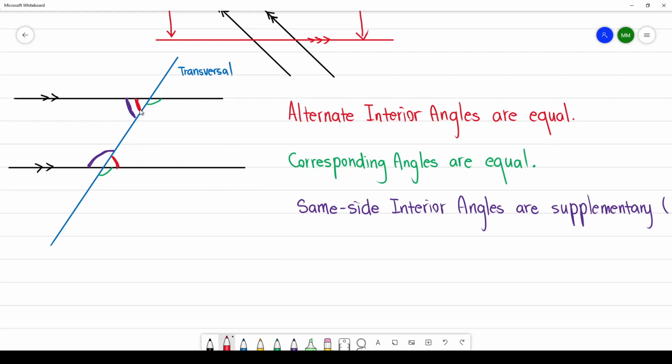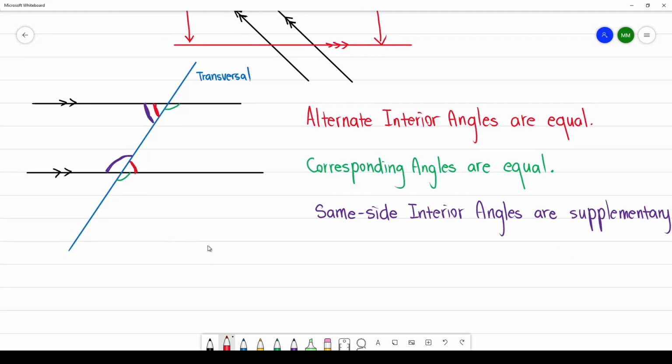Whereas this one doesn't look the same, but they are supplementary, so they add up to 180 degrees. And then the red one is the Z. Recognize it as Z. And the purple one as the inside of this thing over here. And the green one, there's not much pattern, but yeah, just like that.